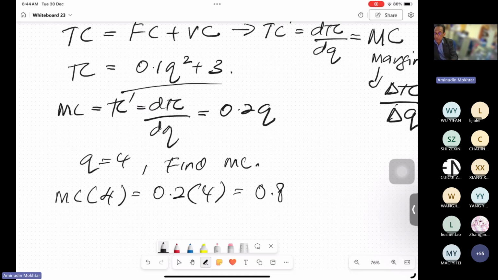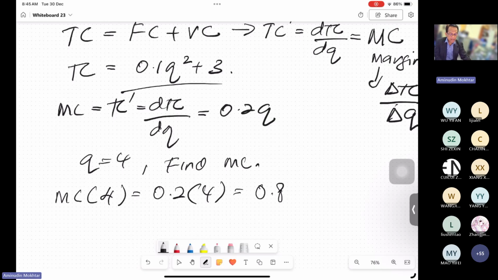In other words, when output or quantity increases by 1 unit, the cost will increase by 0.8, or RM 0.8, or 80 cents per 1 unit increase in quantity.